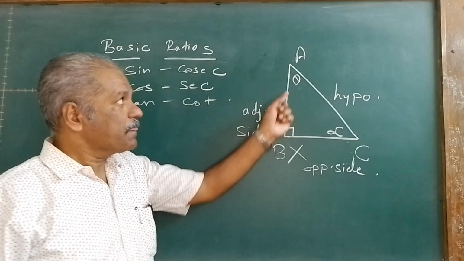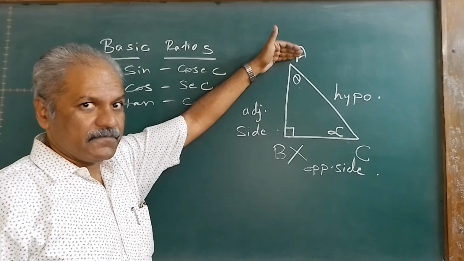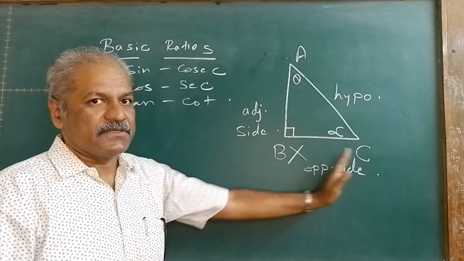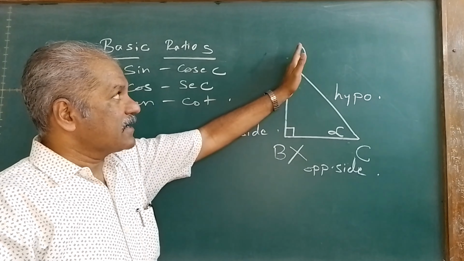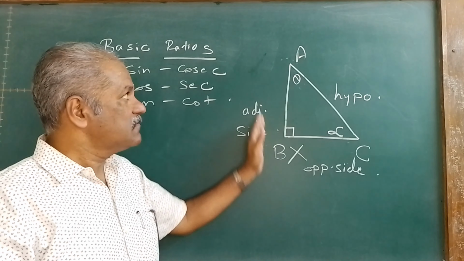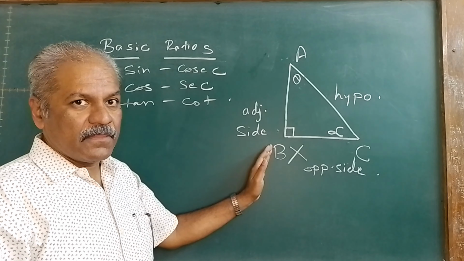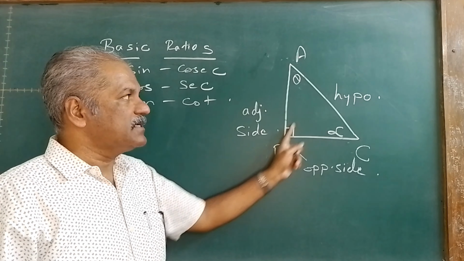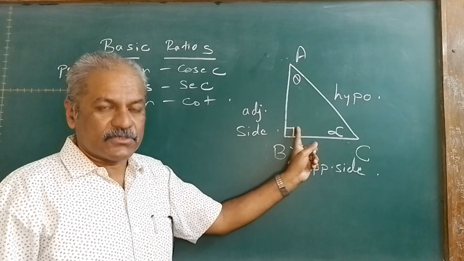So remember, if I take angle A, the opposite side is BC. Angle A adjacent side will be AB. And in any figure, the side opposite to 90 degree will be termed as hypotenuse.